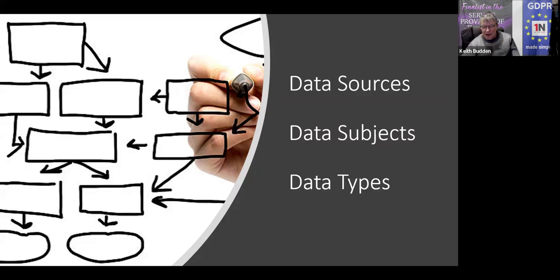And then what type of data is it? And this is where you are getting down to fields of data. So, is it fairly innocuous stuff like somebody's first name, last name, and email address? Or is it something far more than that? Is it health data?